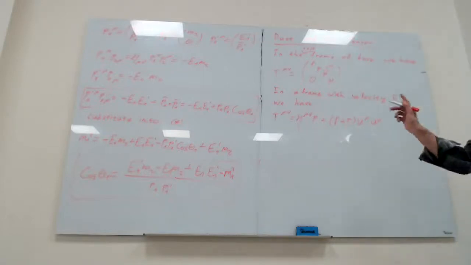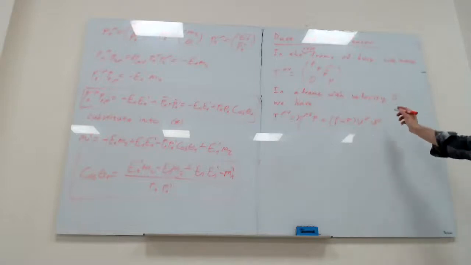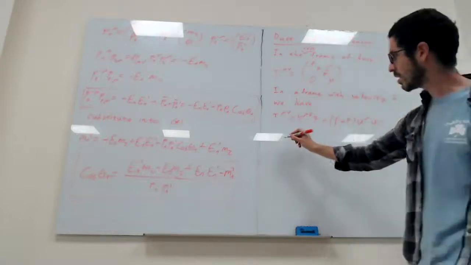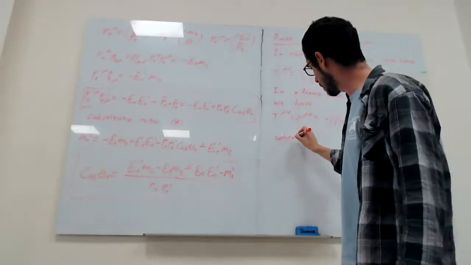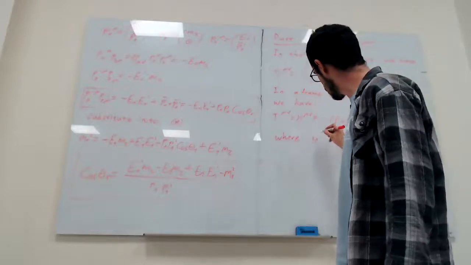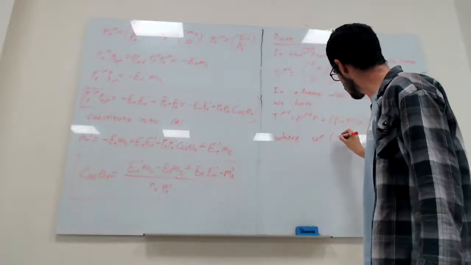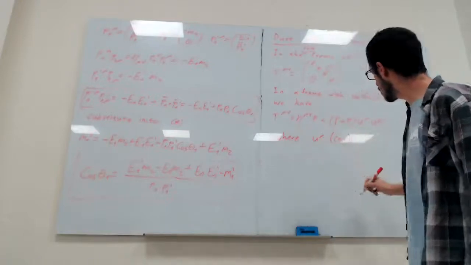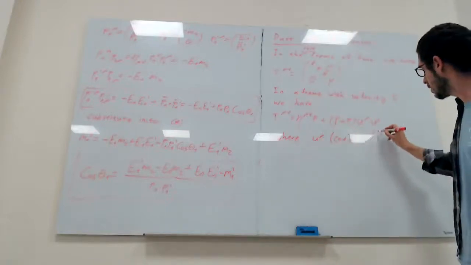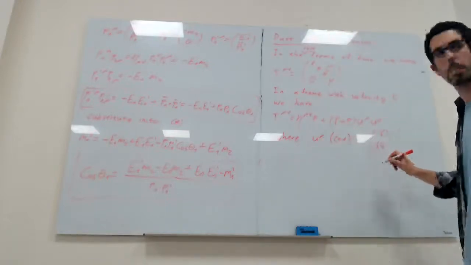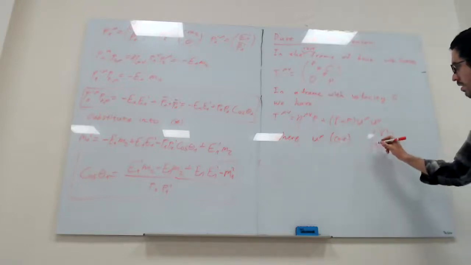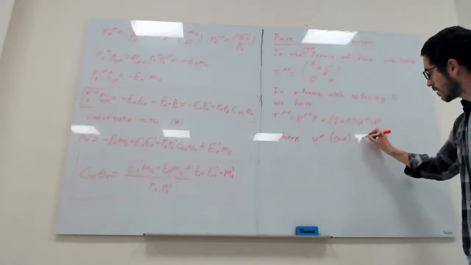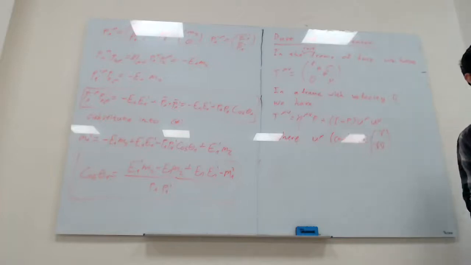In the frame with velocity v, where u is, say, equals 1 is gamma. And does that mean that all the dust moves at velocity v? Yeah.